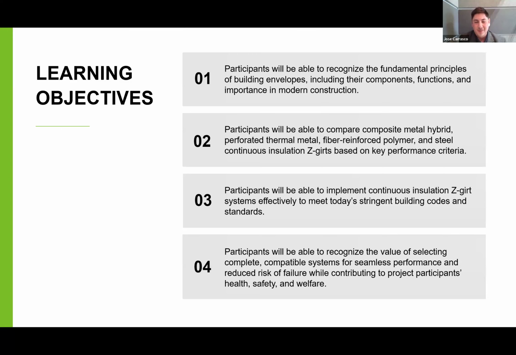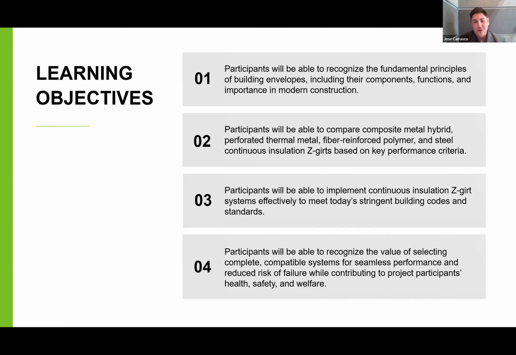From there, we'll look at some various continuous insulation Z-girt systems on the market, really looking at composite metal hybrid, perforated thermal metal, fiber reinforced polymers, and our traditional steel continuous insulation Z-girts. We'll also talk a bit about today's modern building codes and how energy conservation plays a role in the way we meet today's building codes and standards.